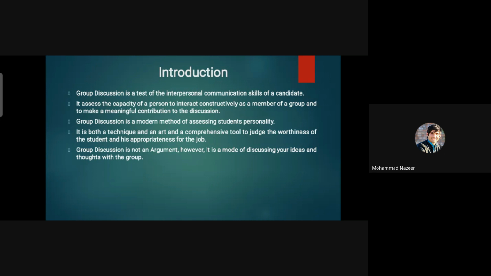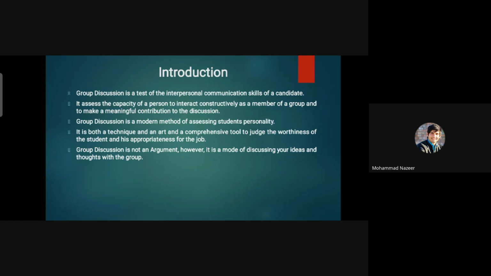The second point is that it assesses the capacity of a person to interact constructively with a number of people in a group and to make a meaningful contribution to a discussion. So that is where we are talking about our interpersonal communicative skills.